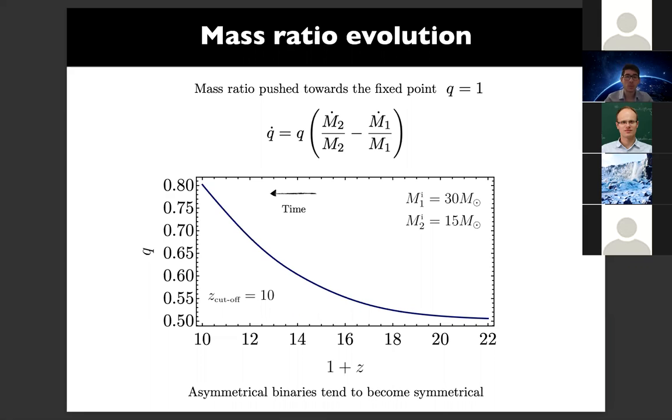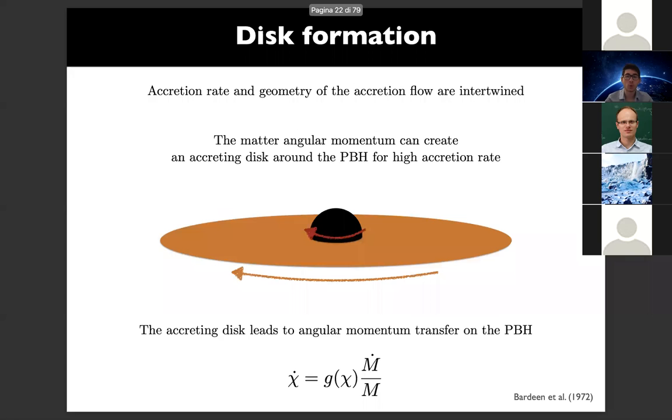And the third consequence of accretion is related to the evolution of the spins. This happens because basically the accretion rate and the geometry of the accretion flow onto the binary are actually highly connected. And in particular, the baryonic particles which are falling towards the primordial black holes may carry angular momentum, which may create an accretion disk around the primordial black hole if the accretion is efficient.